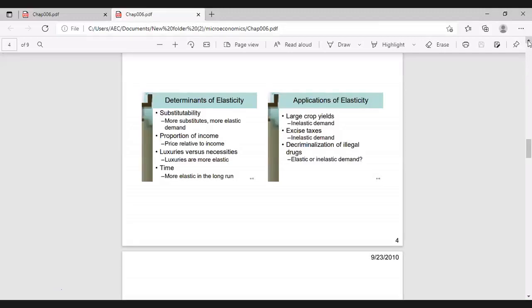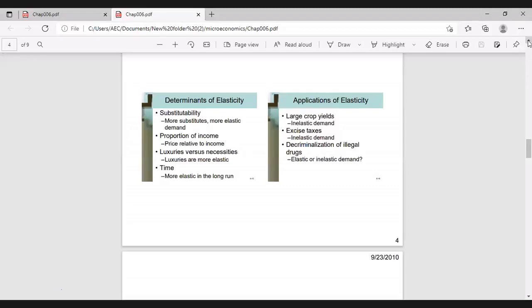Now, why is elasticity important? Why do we calculate or measure the elasticity of demand? We apply that elasticity.